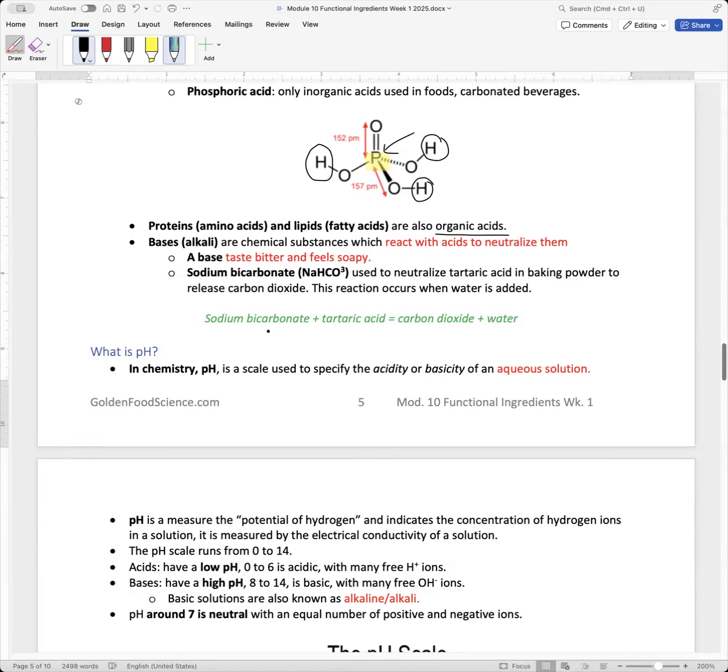This is baking powder, which is sodium bicarbonate and tartaric acid, and when they react together, it becomes neutral, and we get carbon dioxide and water.